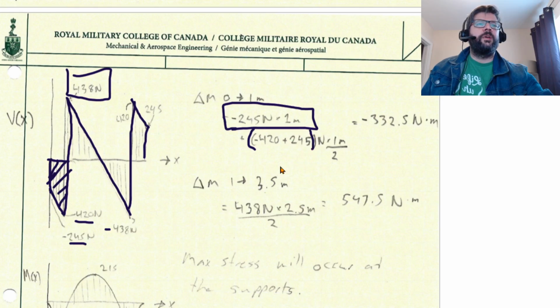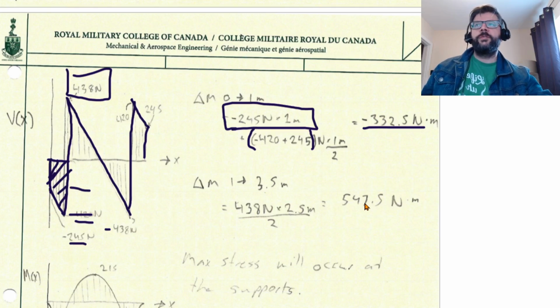Basically, this distance here times 1 meter, divided by 2 because it's a triangle. That gives us 332.5 newton meters. So that's from there to there.